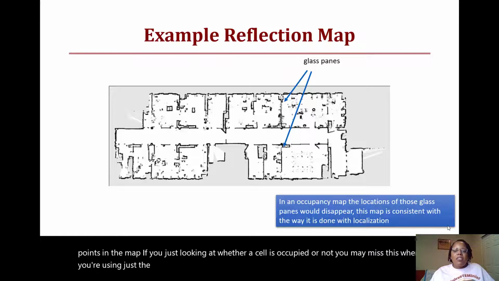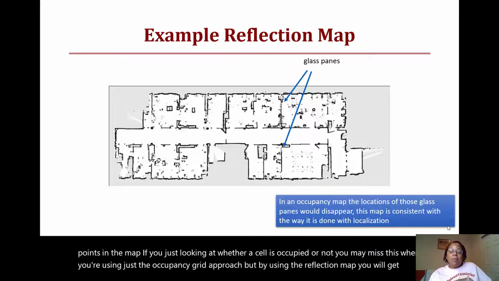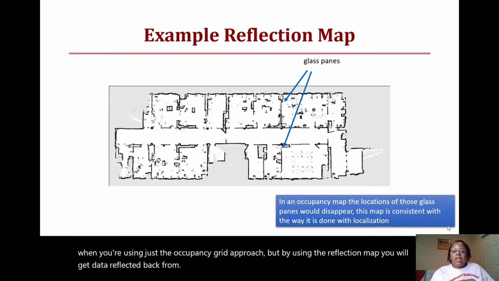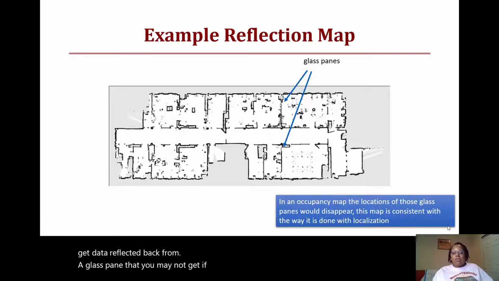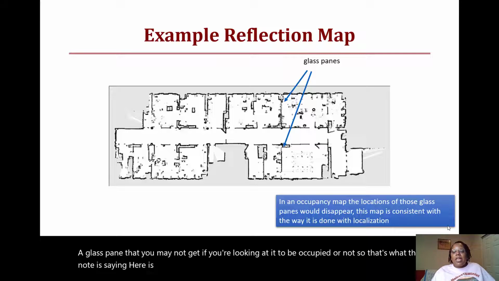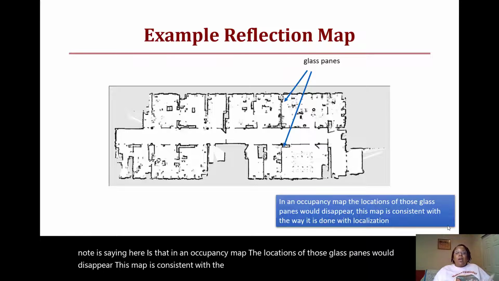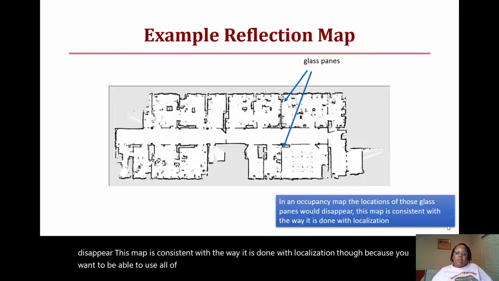But by using the reflection map, you will get data reflected back from a glass pane that you may not get if you're looking at it to be occupied or not. So that's what this note is saying here, is that in an occupancy map, the locations of those glass panes would disappear. This map is consistent with the way it is done with localization, though, because you want to be able to use all of the data there, so you don't want to miss glass panes.